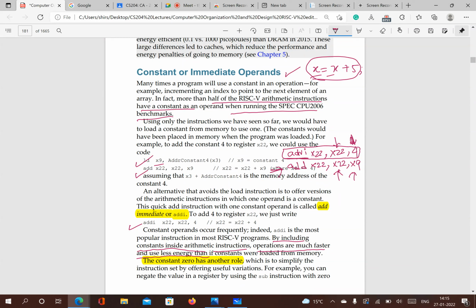And why did they say less energy? I have not discussed this energy part in this course because it's a high level concept. Honestly, we may skip this part here, but quickly I'll explain. Whenever you are running a computer, or maybe a laptop on battery, after some time the battery will be discharged.